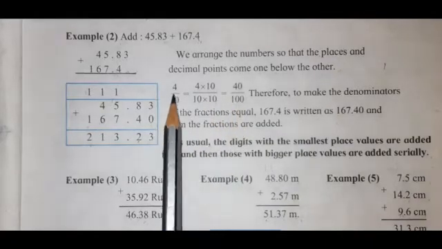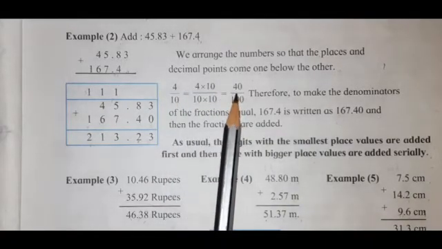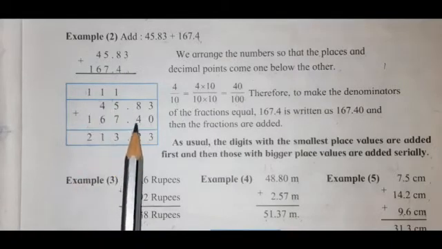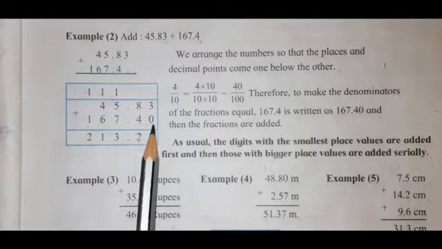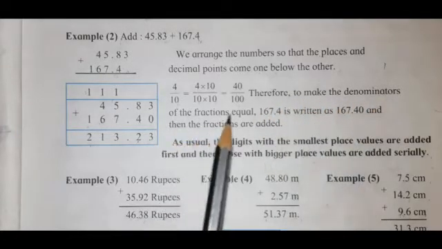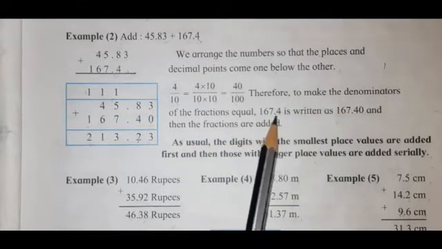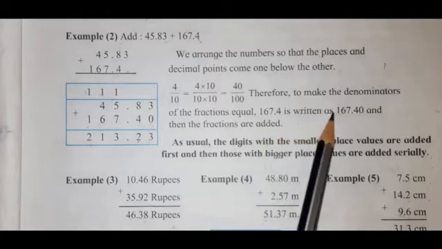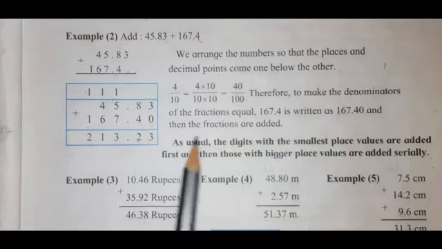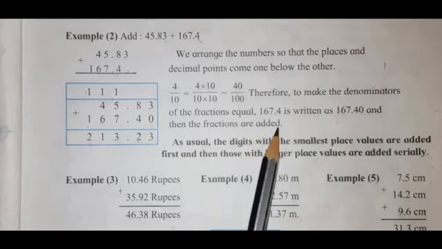So 0.4 is equal to 0.40. So in the place of 0.4, we can put 0.40. Therefore, to make the denominators of the fractions equal, 167.4 is written as 167.40 and then the fractions are added.